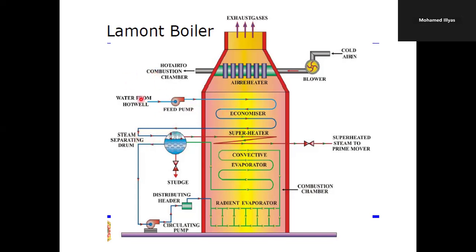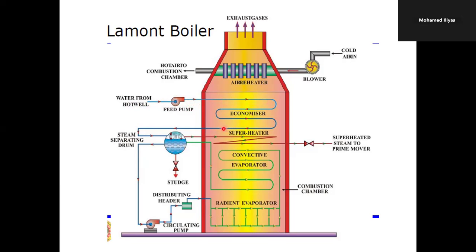Seeing this arrangement here, we'll have a provision to supply feed water from the hot well. That would be supplied to the economizer. The economizer is a device which is used to preheat the water which is entering into the boiler. Generally in the economizer, the entry temperature of water will be around 40-45 degrees Celsius.